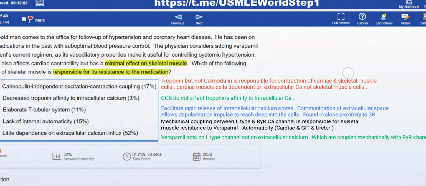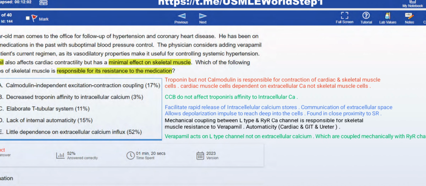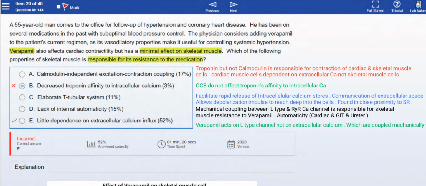Communication of the extracellular space allows the depolarization impulse to reach deep into the cells, found in close proximity to the smooth endoplasmic reticulum. Why not option D? Mechanical coupling between L-type and RYR calcium channel is responsible for skeletal muscle resistance to verapamil. Automaticity is found in cardiac muscle, the GI tract, and ureters.